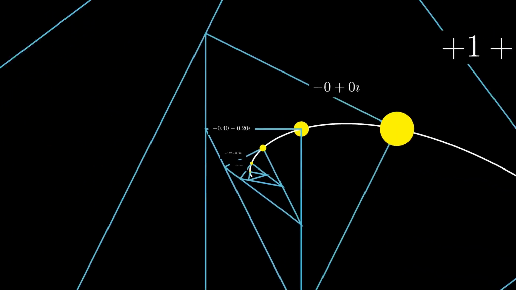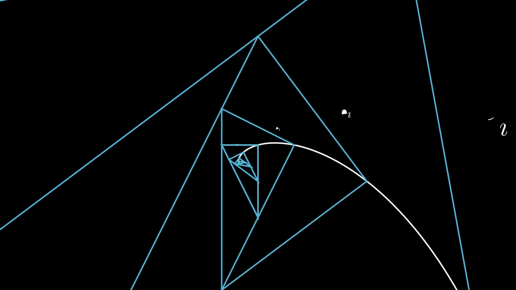If you plug in minus infinity, or just a big negative number, you'll get minus 0.5, minus 0.5i coordinates. That is the true center.